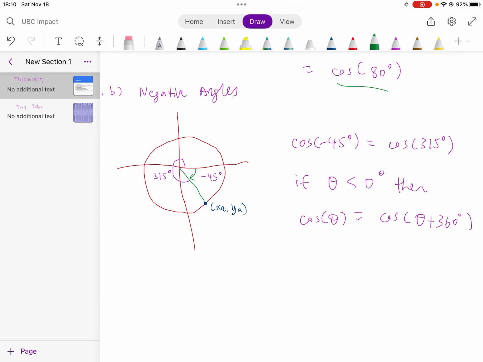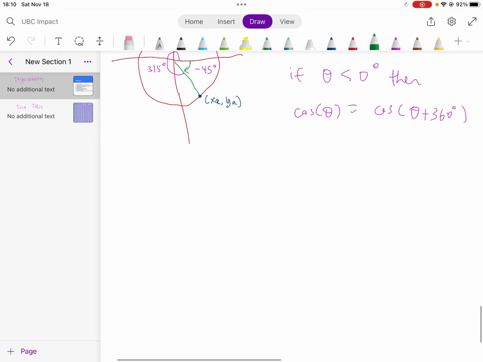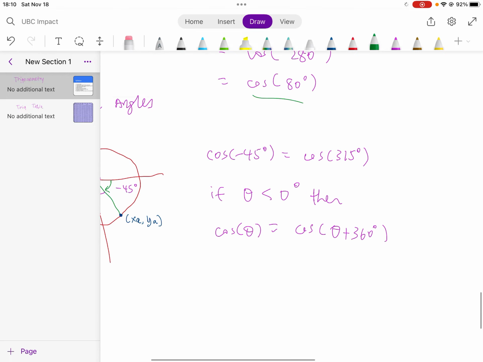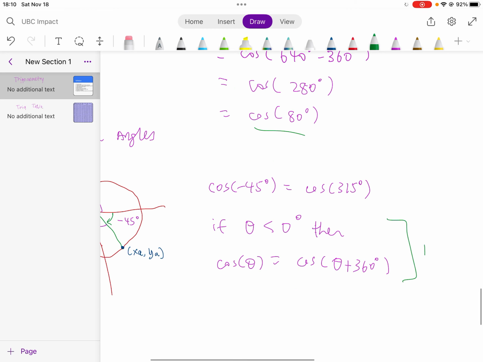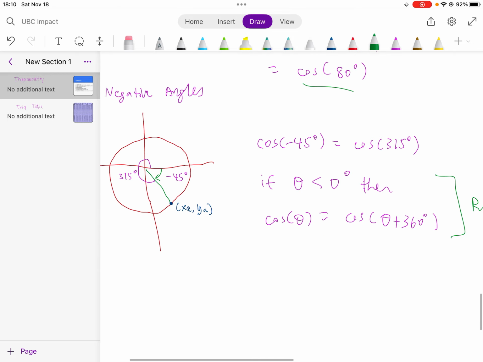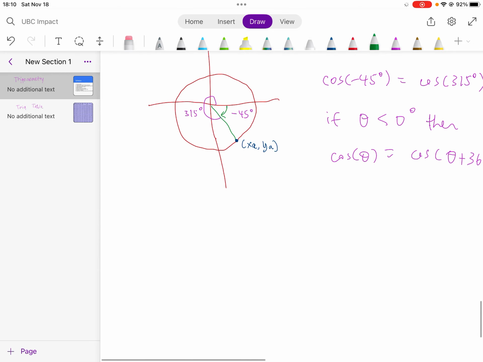And this just goes from the fact that if you add 360 to negative 45, you get 315. And so this rule here, along with that rule above, if you know these two rules, you can find the cosine and sine of any angle.